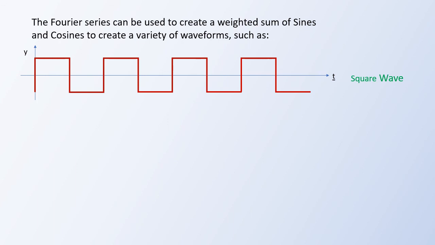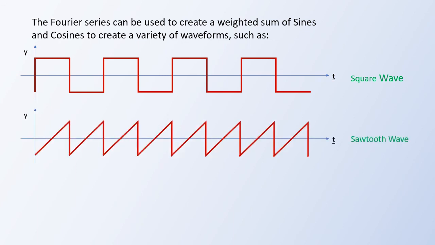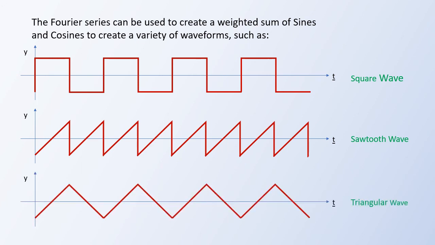And here on this one, I haven't placed the minimum at 0. I've placed it at some negative value, and that can occur as well. You can also have what are called sawtooth waves. You can have triangular waves that look like that. So all of these you may see in an electronics laboratory.